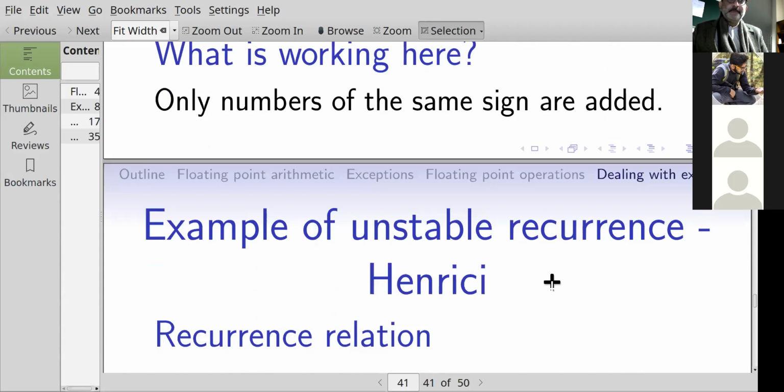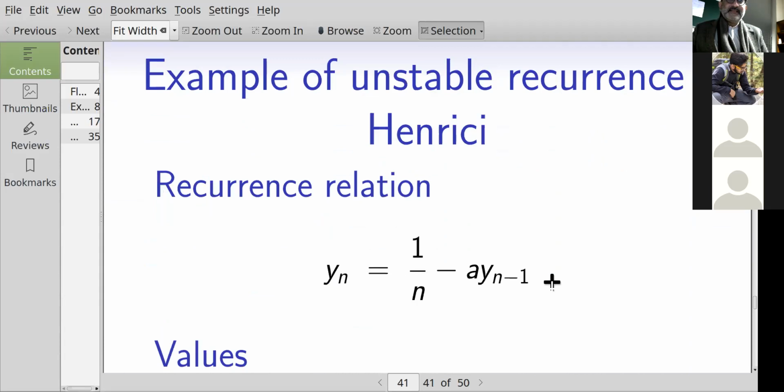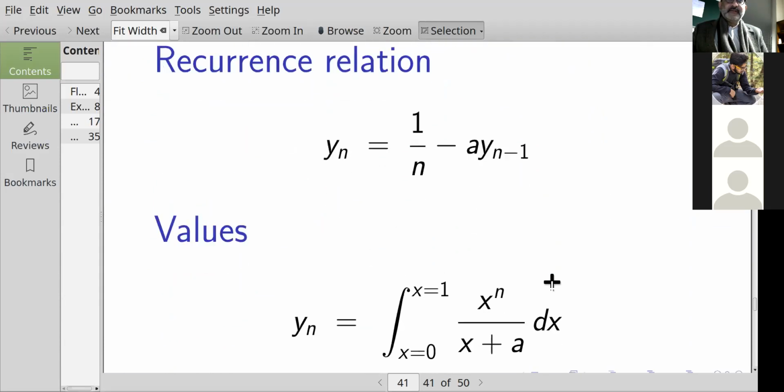Another example. So let's say that I set up things using this approach. So I have a recurrence relation. And so I have a bunch of numbers, y1, y2, y3, and so on. And the way they're related is that yn is equal to 1 over n minus a times yn minus 1.